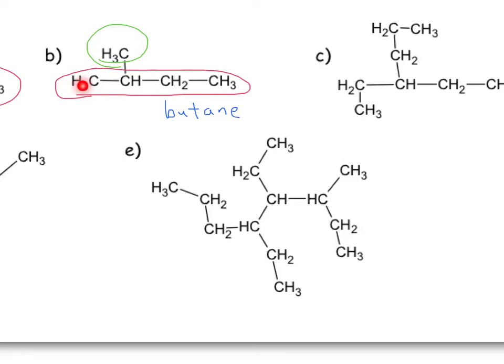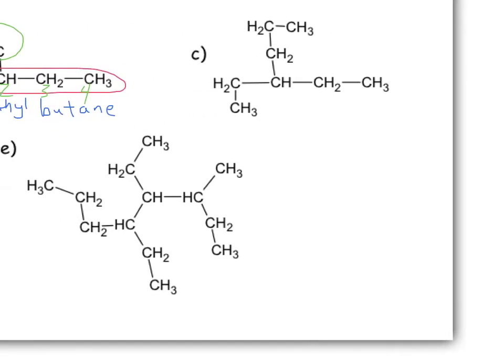If I start here and number them left to right, I'll have carbon number 1, 2, 3, and 4. So my side chain is going to be on carbon number 2. My side chain only has 1 carbon. So meth, and I put a YL there to represent it's a side chain. So I have a methyl butane. And it's on carbon number 2. And I always put hyphens between numbers and letters.